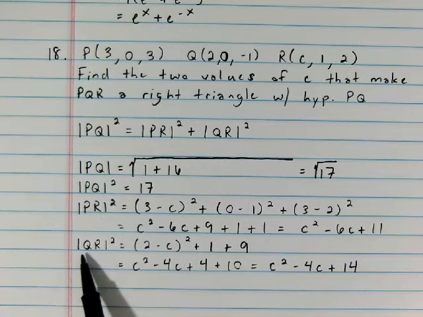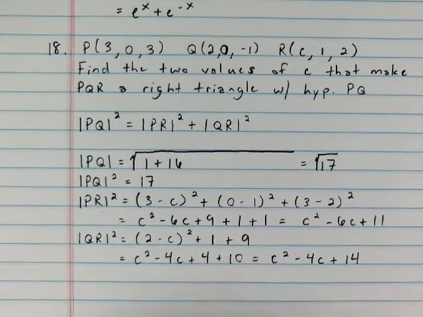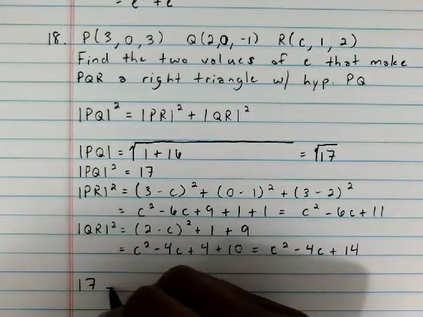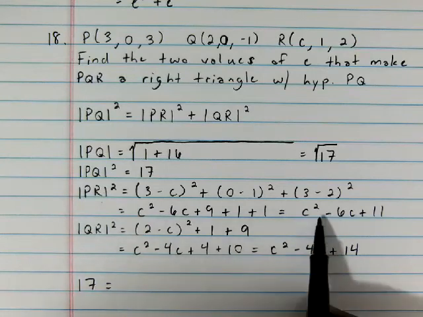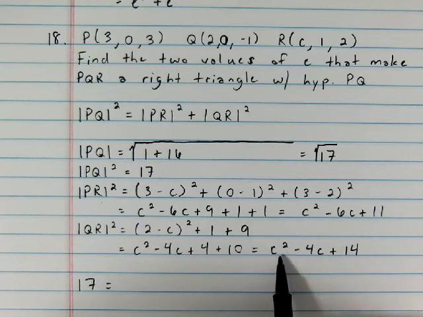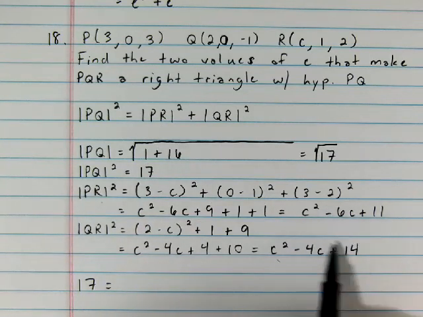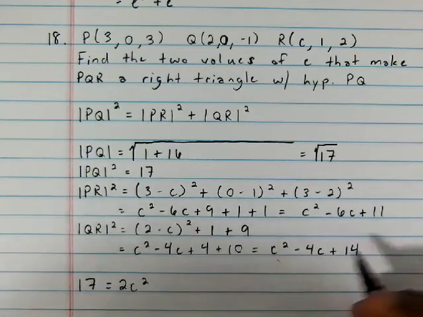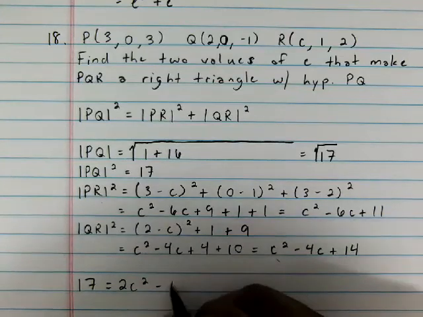All right, so now with PQ squared, the distance between P and Q squared, the distance between P and R squared and the distance between Q and R squared, we put all that into the Pythagorean theorem. And now we have the left-hand side is 17 equals, we're going to go ahead and add these two. So C squared plus C squared, because we're adding those two, which means we add these two quantities right here. So the C squared plus C squared gives us 2C squared. The negative 6C minus the 4C gives us negative 10C.